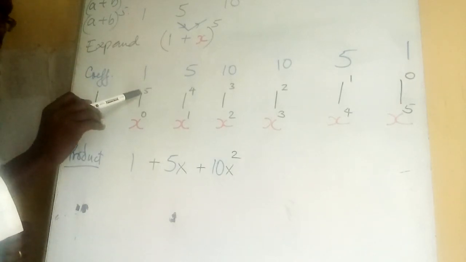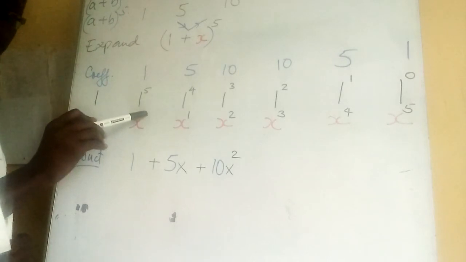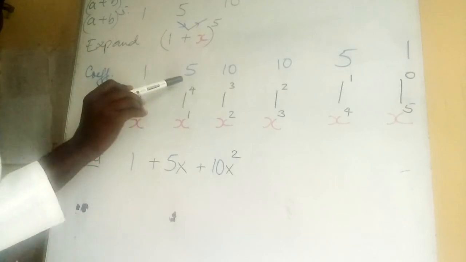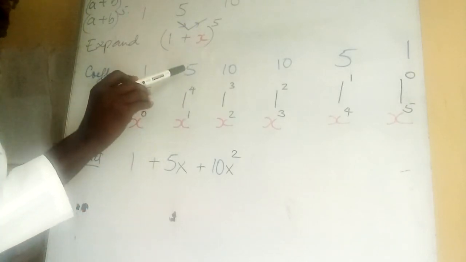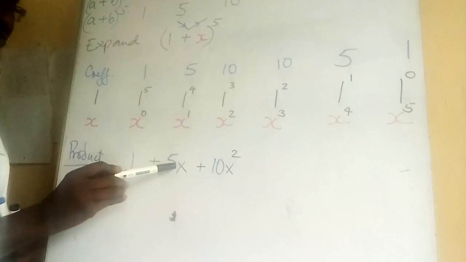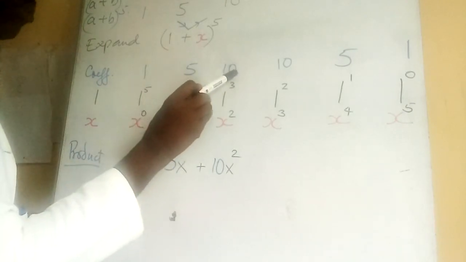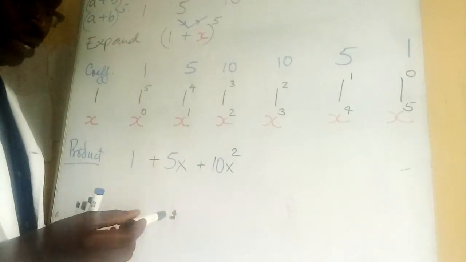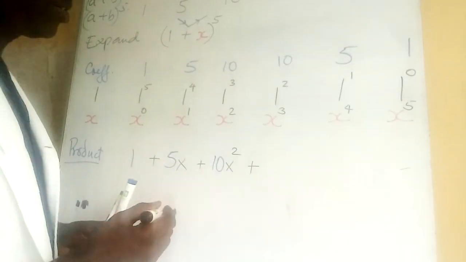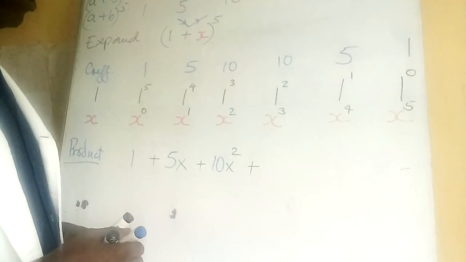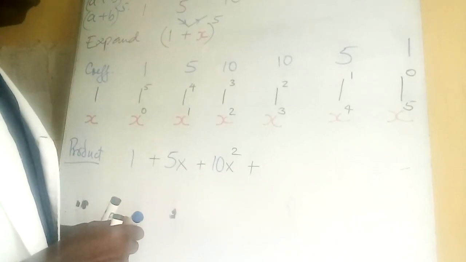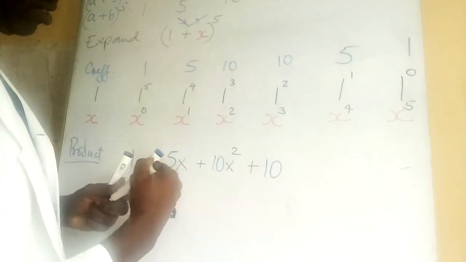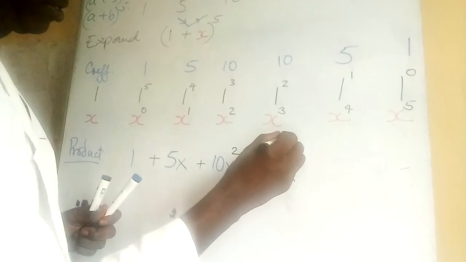1 times 1, x to power 0 is 1, so 1 times 1 times 1 is 1. Then 5 times 1 times x is 5x. 10 times 1 times x squared is 10x squared. Plus 10 times 1 times x to power 3, 10x to power 3.